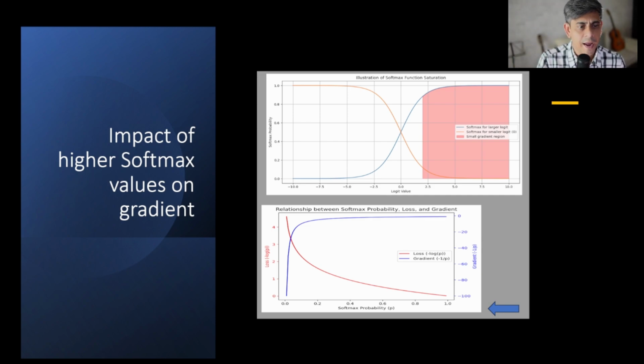Slope becomes flat, meaning that your gradient, when you are trying to calculate the loss, becomes flat. So would the training progress at all? This is what the paper means.